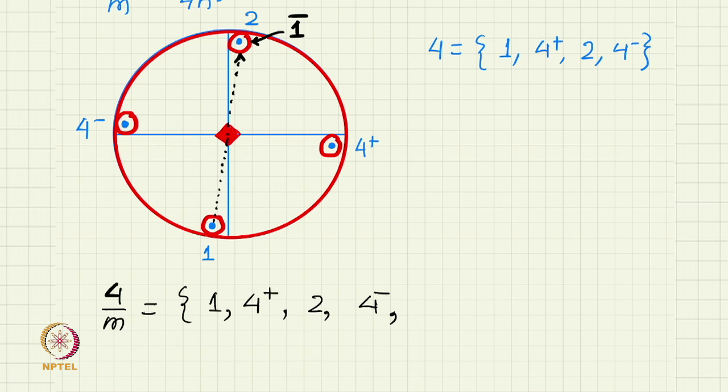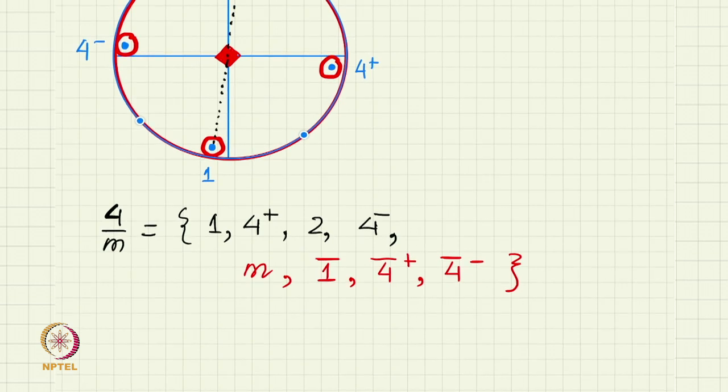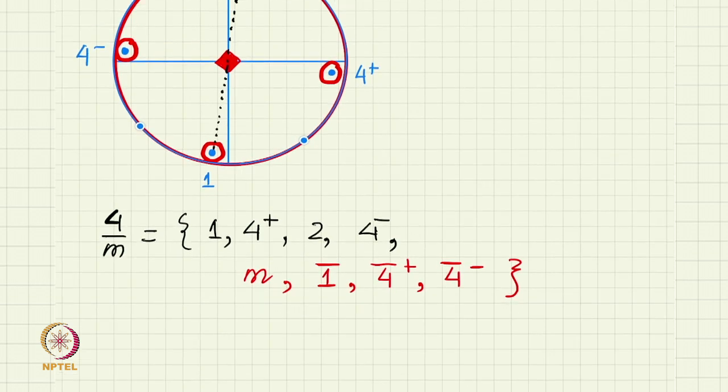One of them is m, one of them is also 1 bar, we have seen here, and if 1 bar is there and 4 is there, so the group operation requires combination of 4 plus and 1 bar, and you know that 4 plus and 1 bar should give you 4 bar plus, and 4 minus and 1 bar should give you 4 bar minus. So, the 8 operations of this group, 4 type 1 and 4 type 2 are these.